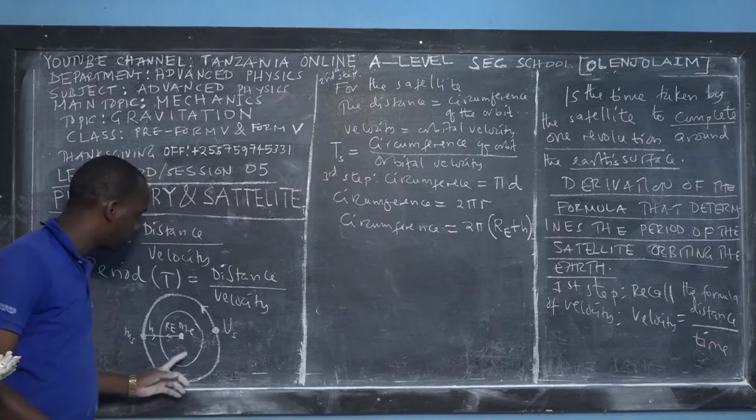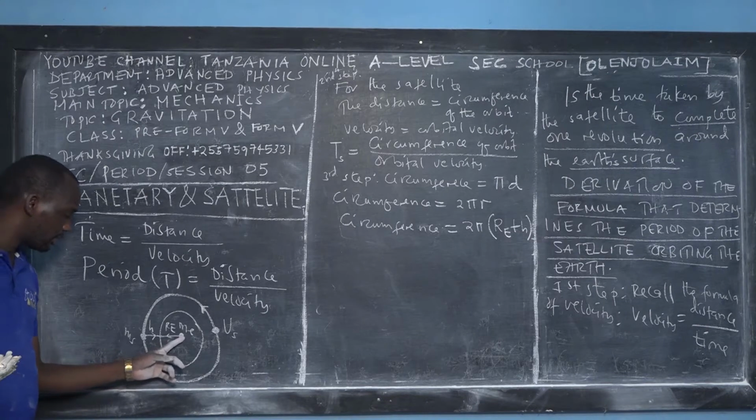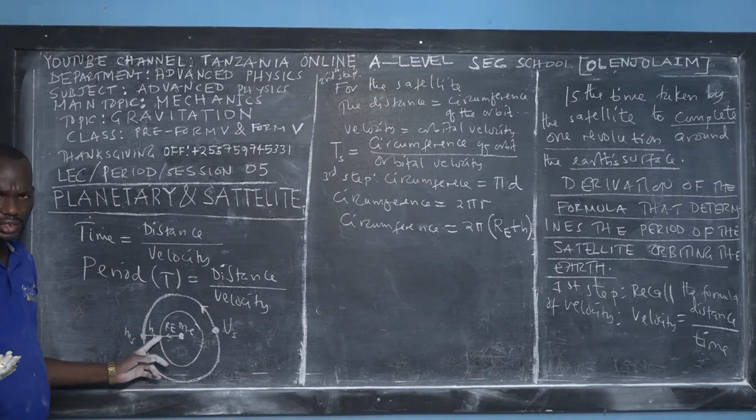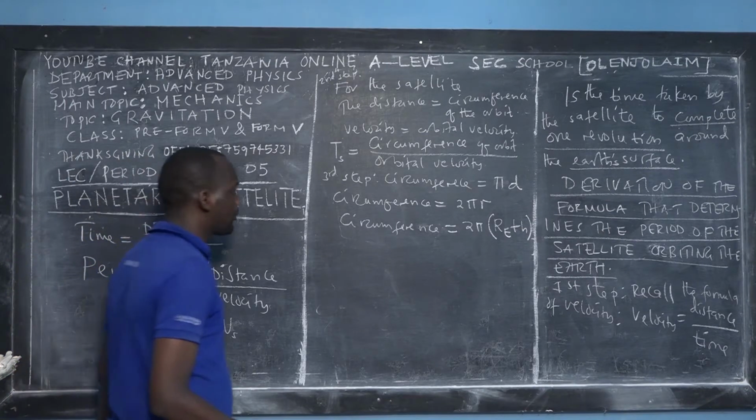This is the radius of the Earth from the center to the surface, and from the Earth's surface to the satellite orbit, we call it H. So that's the circumference.